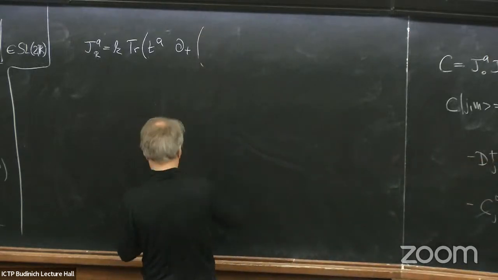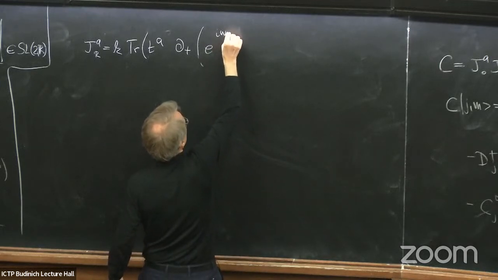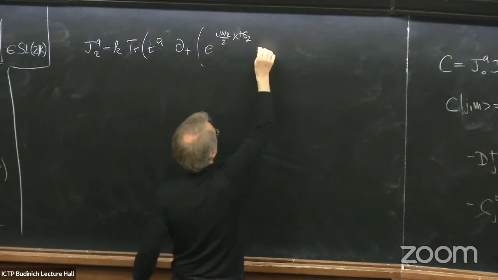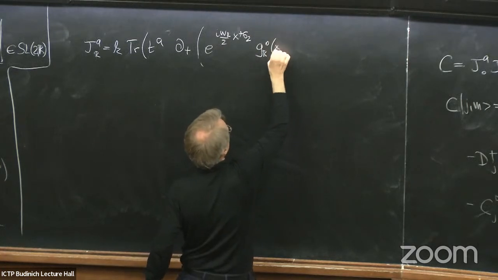So I have to apply this to e to the i W over 2 x plus times sigma 2, times my old G right 0 of x plus.